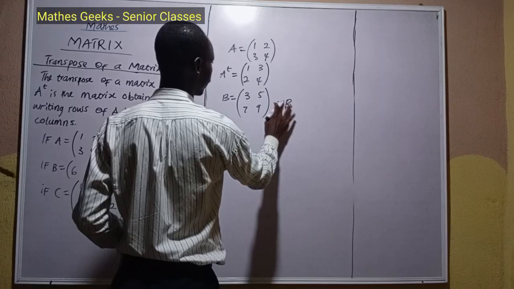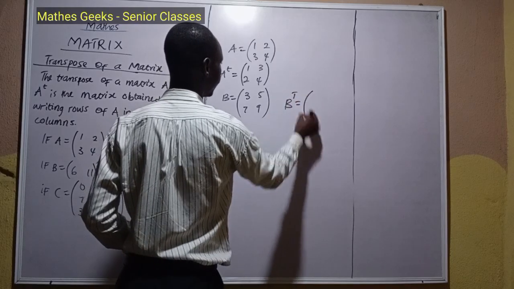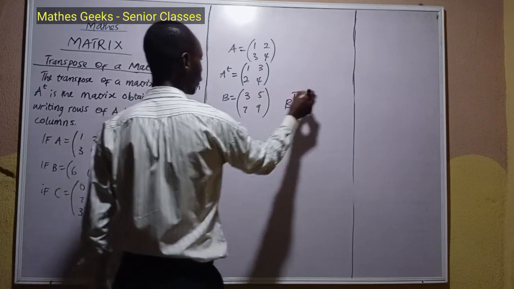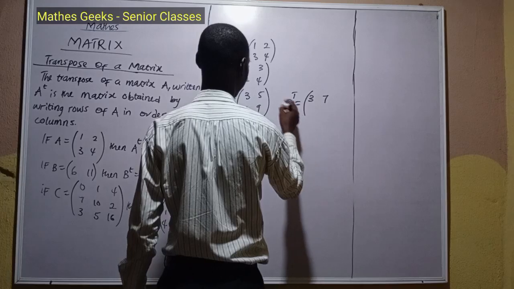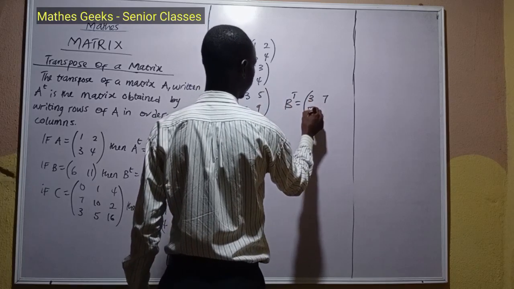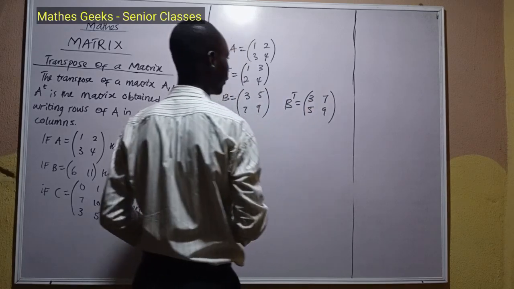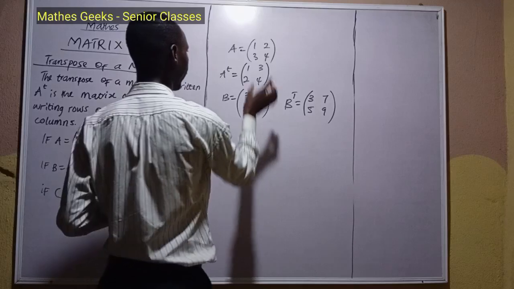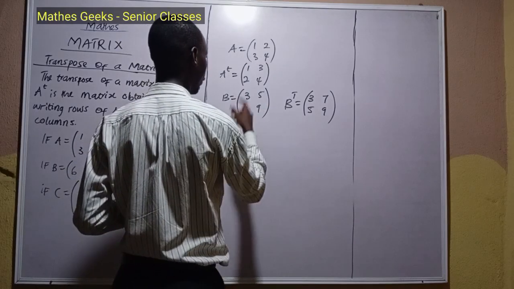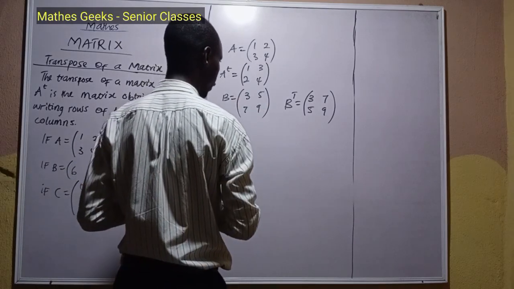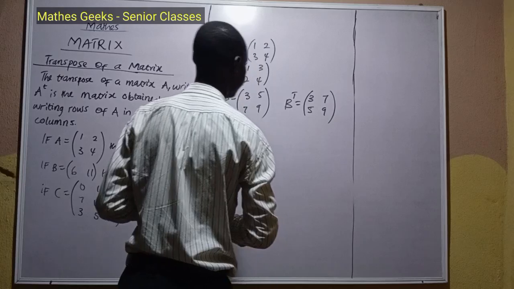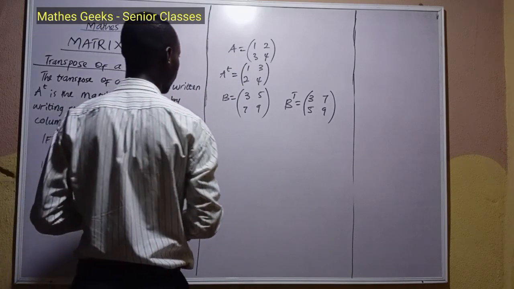In that way, B transpose: this is the column, so it comes to 7, this is the column 5, 9. So either you go by writing the row as column or the column as row. In that way, you will have the transpose of the given matrix.